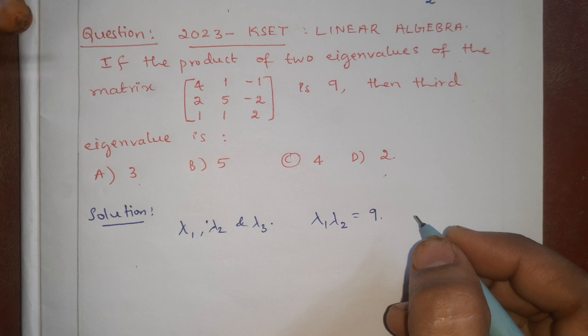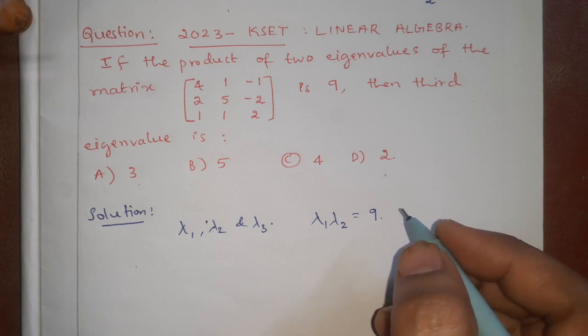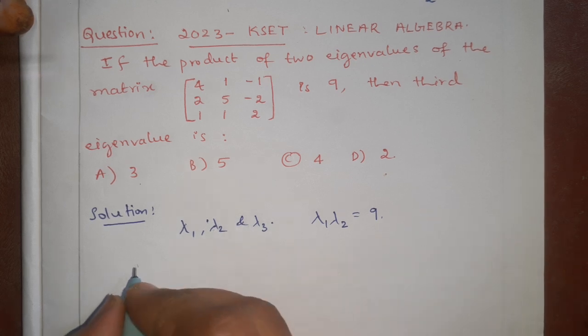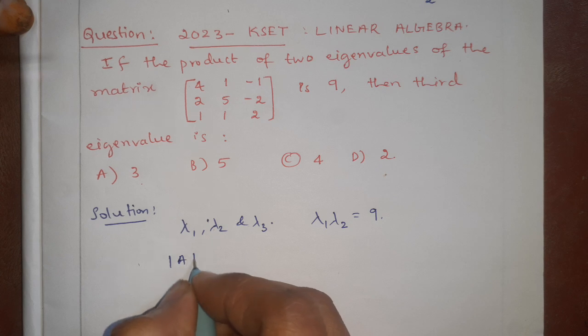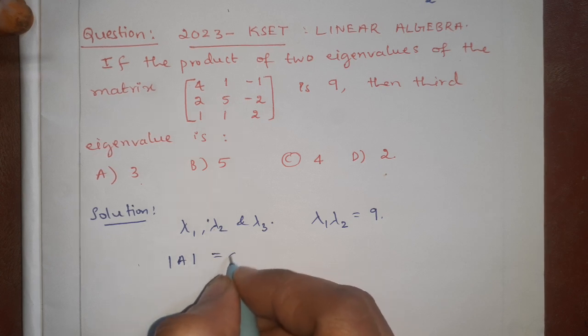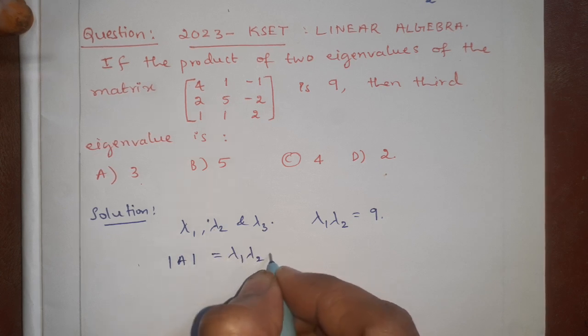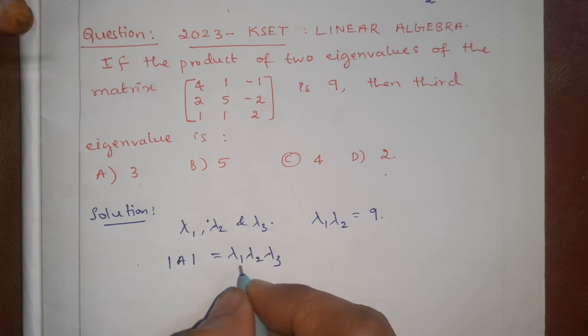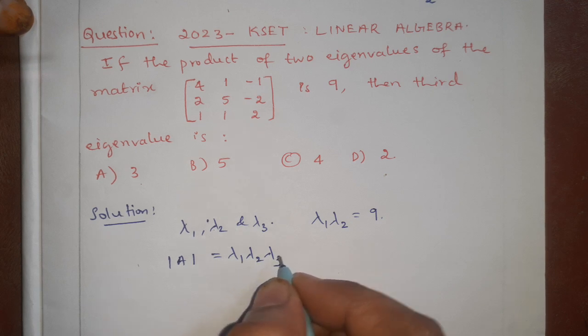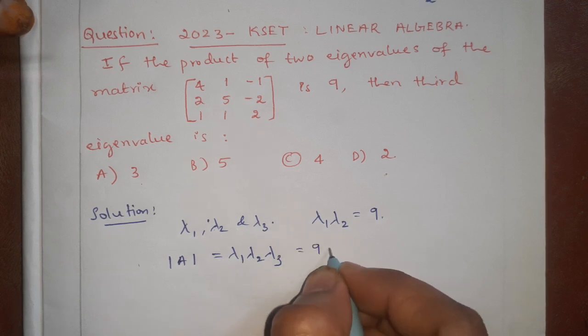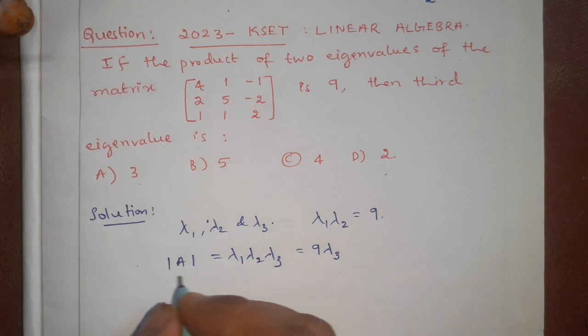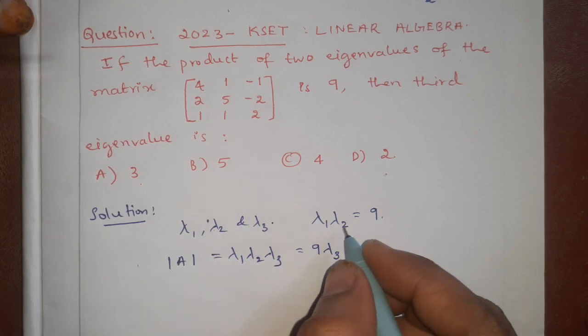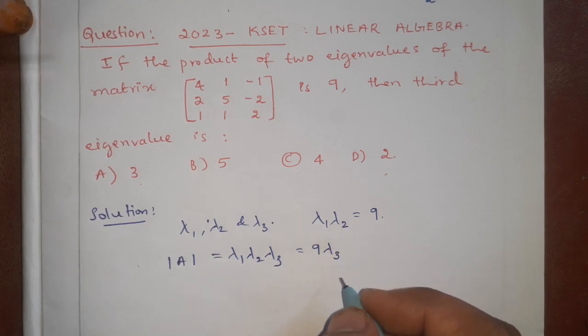We have to evaluate the third eigenvalue lambda 3. We know that the determinant of a matrix A is equal to the product of its eigenvalues, that is lambda 1 into lambda 2 into lambda 3. That is 9 lambda 3 is the determinant of A, because 9 is lambda 1 into lambda 2.